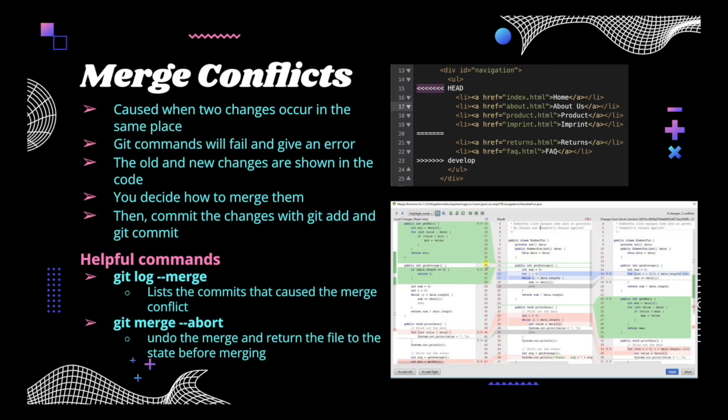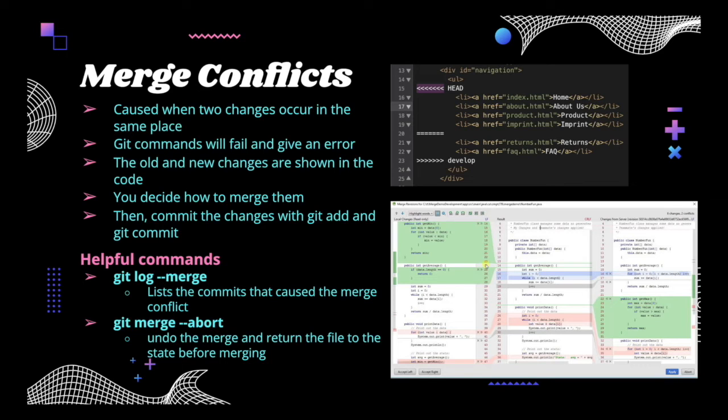Sometimes when pulling or pushing code, your changes may be on the same line as another change, which creates a merge conflict. Your git commands will fail if there's a merge conflict, and if you open the code, you'll either see these symbols with the less than sign, equal sign, and the greater than sign, or you can configure Android Studio to show a side-by-side comparison with all the changes and merge conflicts.